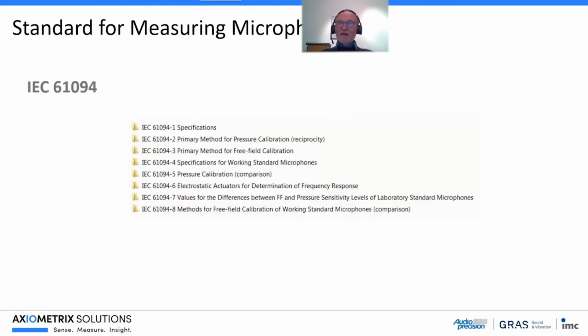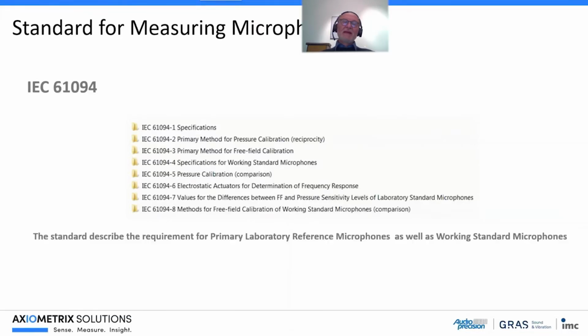We have to talk about standards when we're talking about measurement microphones. The standard, IEC 61094, has 8 chapters. But for us, chapter 1, specifications, is the specification for a primary laboratory reference microphone.